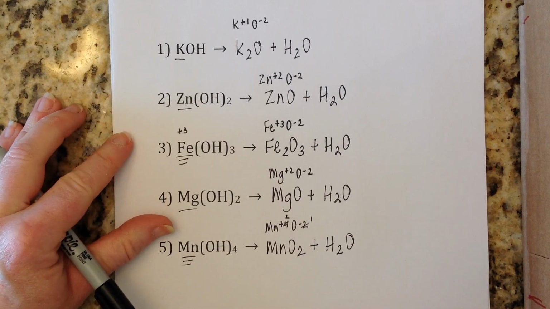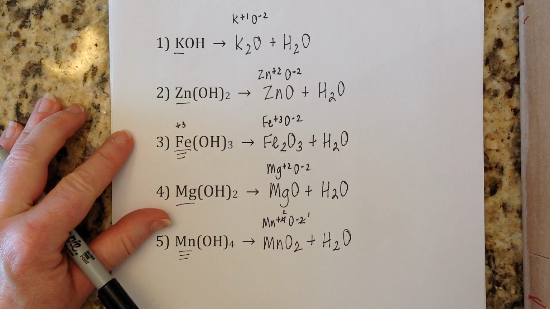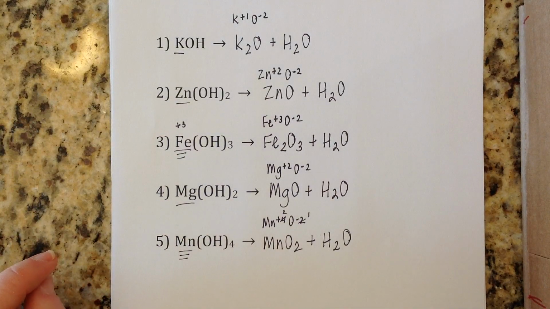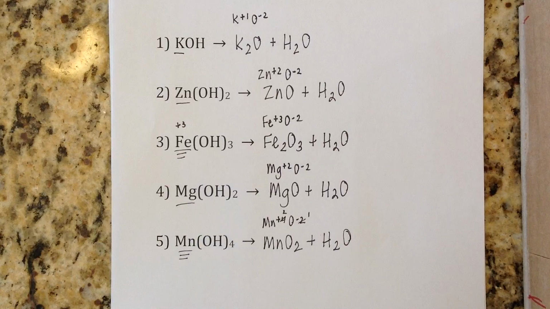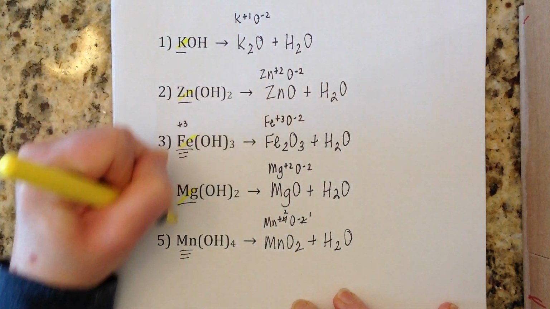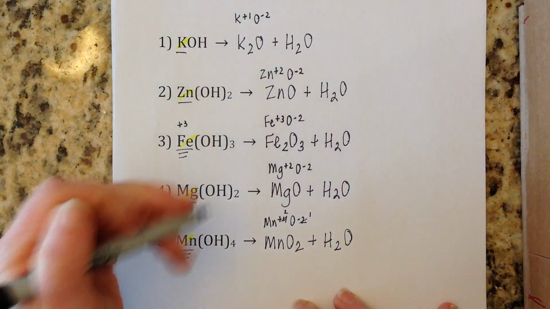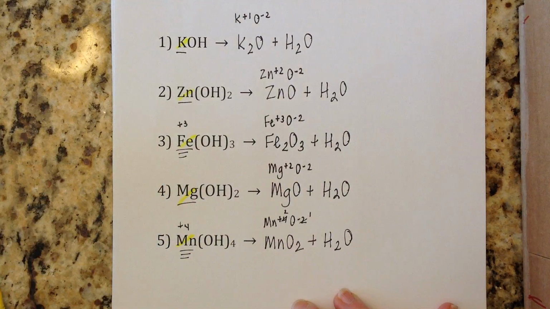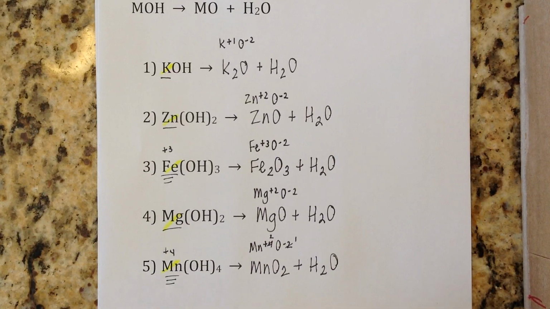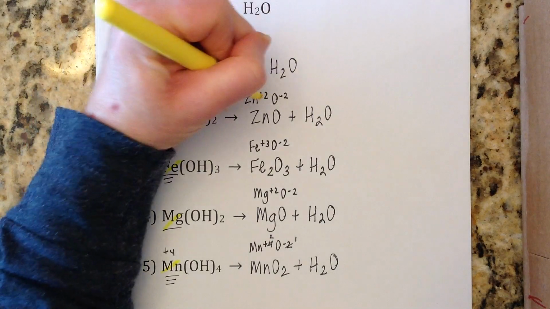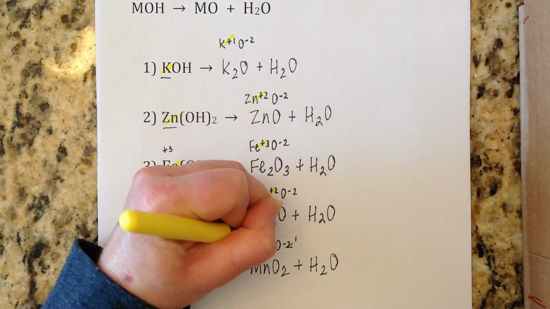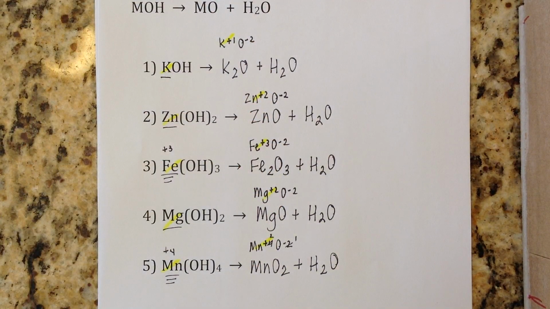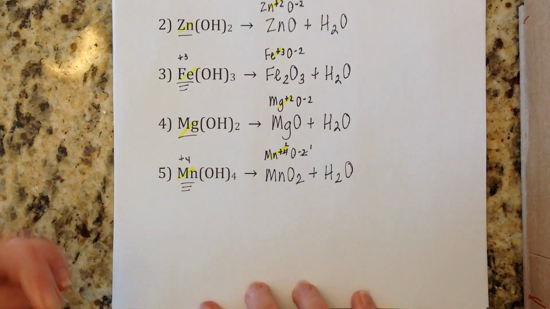So for metal hydroxides, you are going to identify the metal, you will crisscross it with oxygen and add water. So again, it's all about identifying your metal, being careful if it was a transition metal. You want to make sure you account for that. And then you are crisscrossing that metal with oxygen. So we'll make a little note about this one before we move on to our next example.